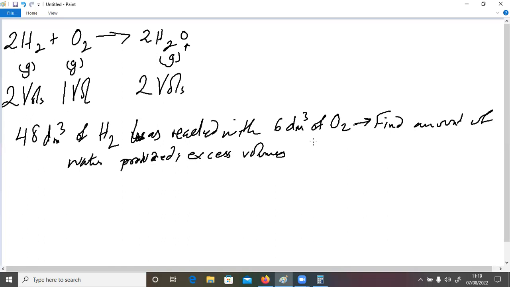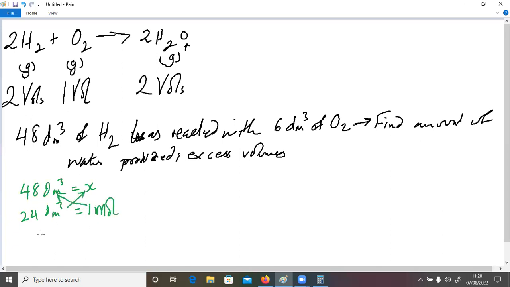Okay, so let me start first of all by looking at hydrogen. Considering hydrogen, if I have 48 dm cubed, this must be equal to x, but 24 dm cubed must be equal to 1 mole, which is equivalent to 1 volume.